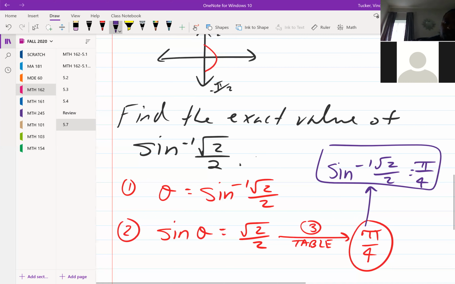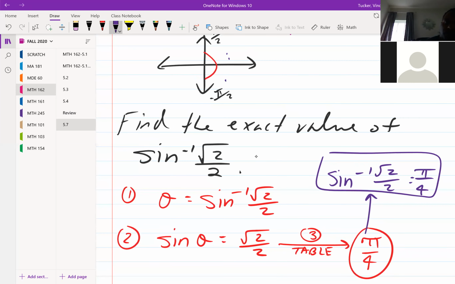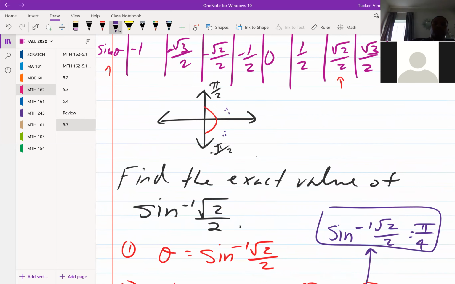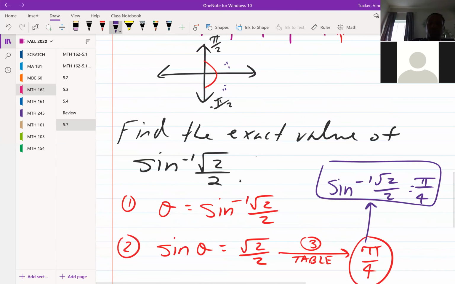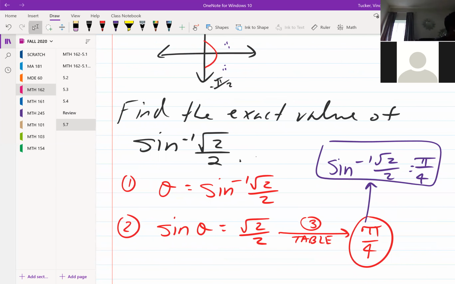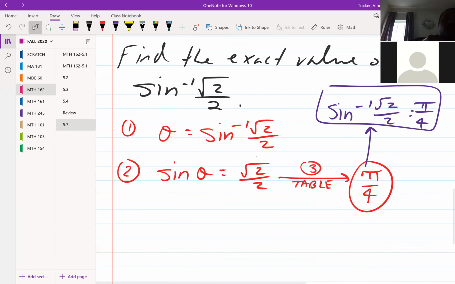Remember, your options are only coming from your first and fourth quadrants. So you'd ask, what options do you have from the first and fourth quadrants that will give you a positive square root of 2 over 2? And so it would have been pi over 4. But if not, once again, you have this chart at your disposal. So let's do at least another one before we look at another function.